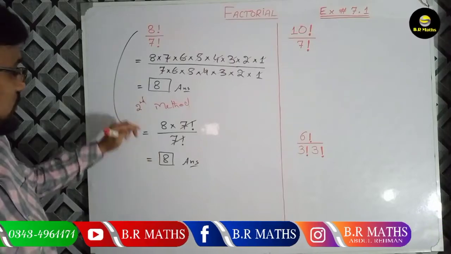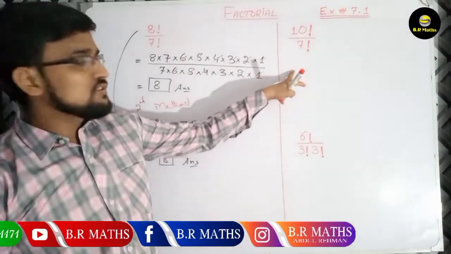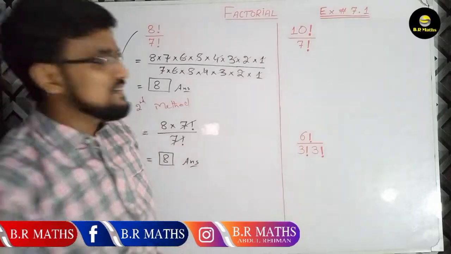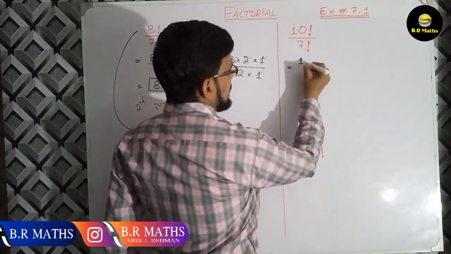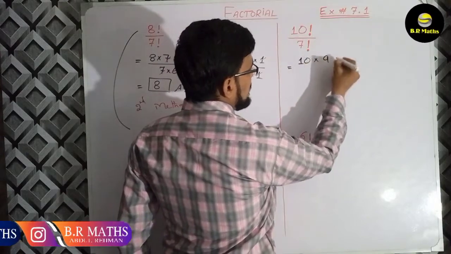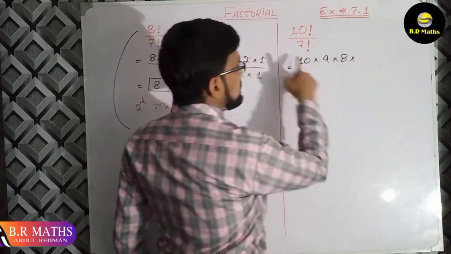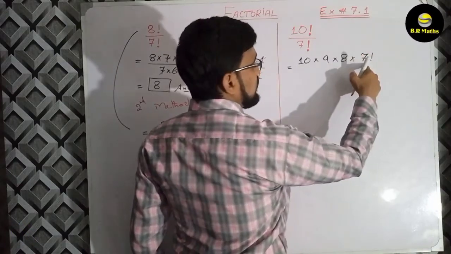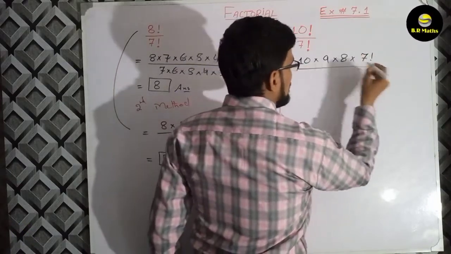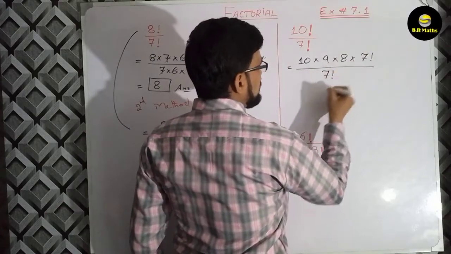Similar to this one, 10 factorial divided by 7 factorial. According to this rule, 10 factorial means 10 multiplied by 9 multiplied by 8 multiplied by 7 factorial, stopping at 7 factorial, divided by 7 factorial.